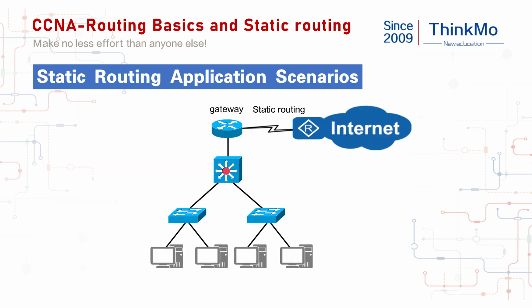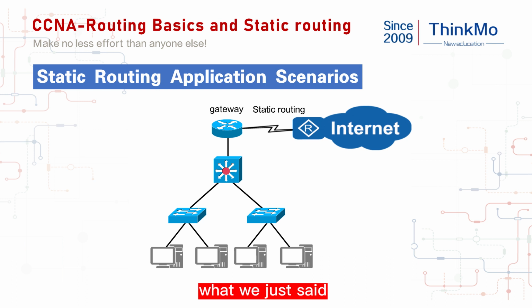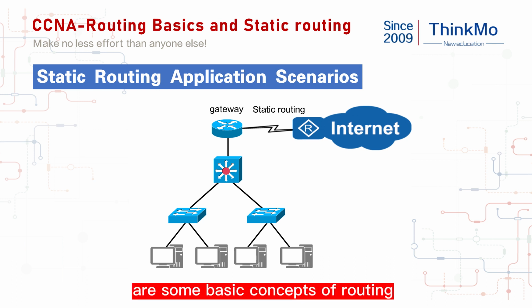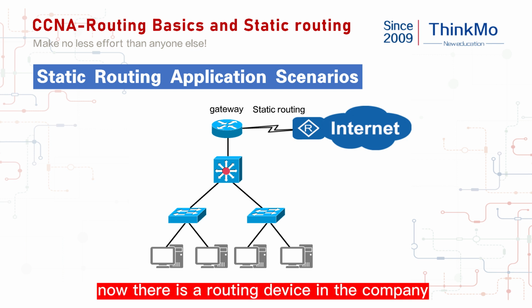Okay. Next, we will start to officially enter the part on static routing. What we just said are some basic concepts of routing. Static routing refers to manual configuration and maintenance by administrators. For example, now there is a routing device in the company.